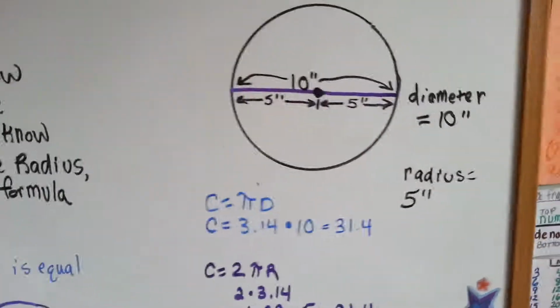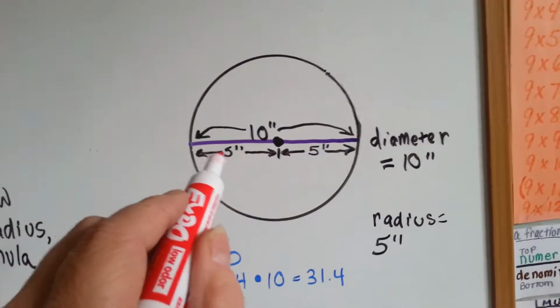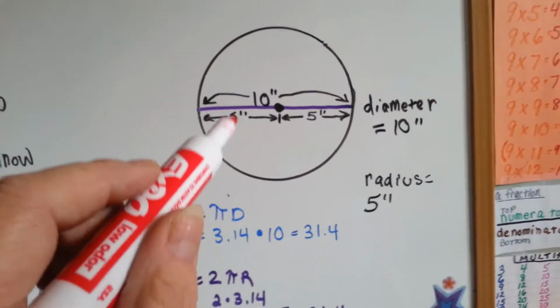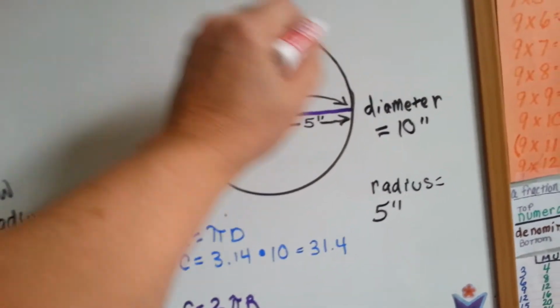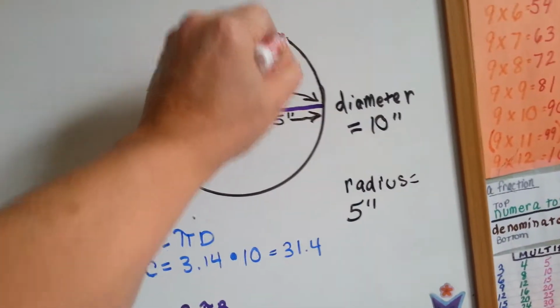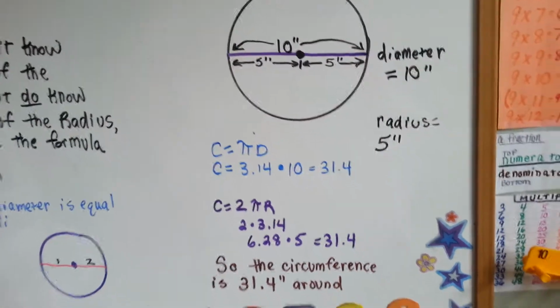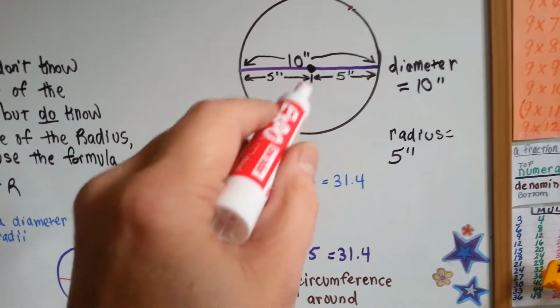So let's take a look at this. We've got a diameter of 10, which means the radii are 5 inches apiece. If we wanted to find the circumference of this circle, how big the circle is going around, like let's say we start here and we go around and we want to know what the circumference is, then we could use either formula because we have all that information.